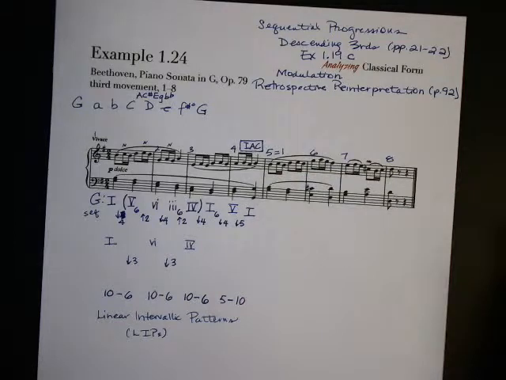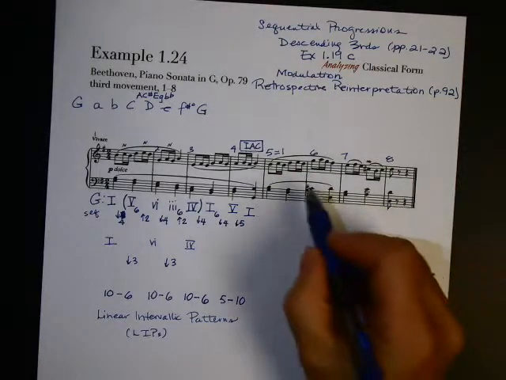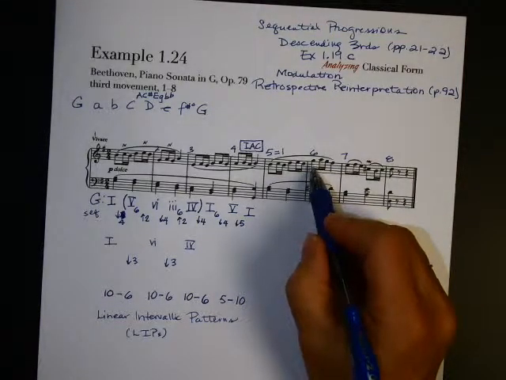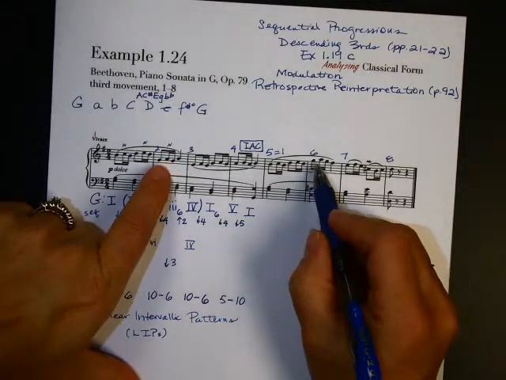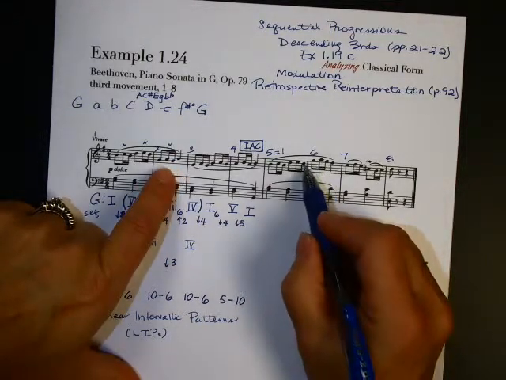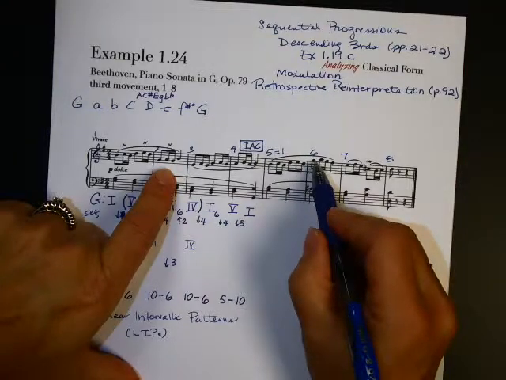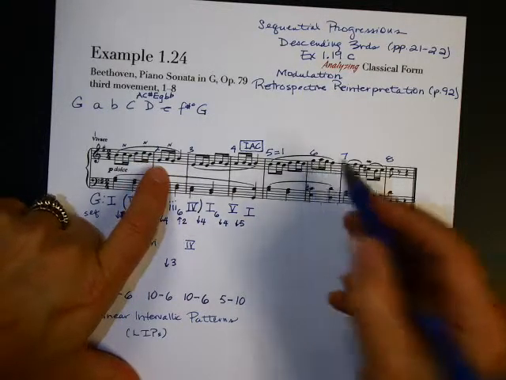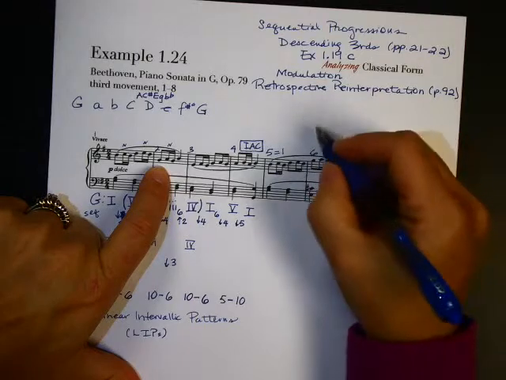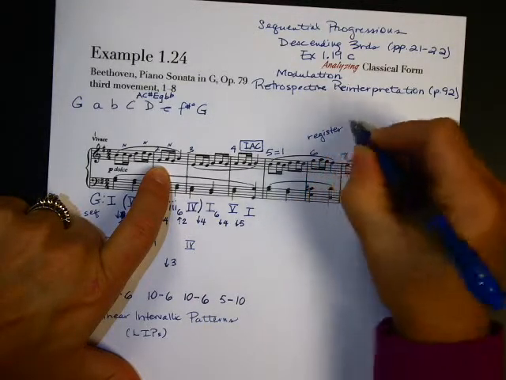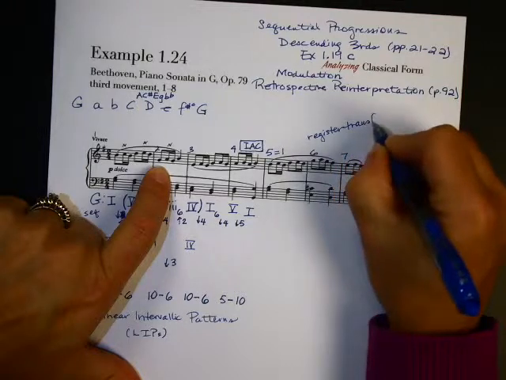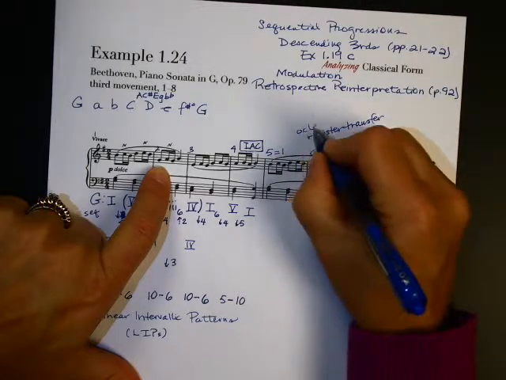Measure 6 melodically begins similarly, G, A, G. But it's now the octave above, not the octave below. So as we looked at in our previous example, this is an instance of register transfer. The other term could be octave displacement.